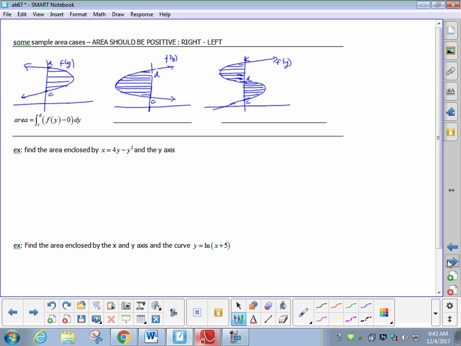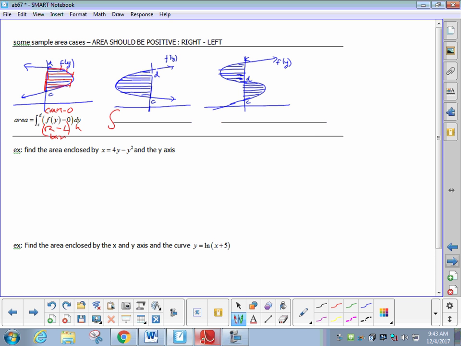Now let's look at a case or two. So if you had a situation like this and you wanted to make positive area, or find the area enclosed by the curve, and in that case, the right of each of those segments is the curve, and the left is the axis, so 0. So here's your right minus left for the bases, and the height is dy from low to high is from C to D. So say you look at the other curve.